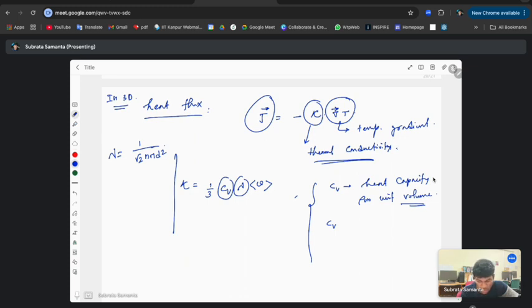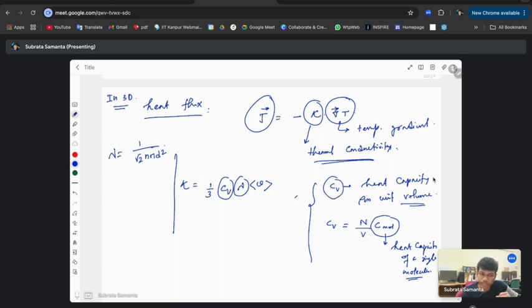Just write down the heat capacity per unit volume. This Cv is basically n by V times C mole, where C mole is the heat capacity of a single molecule. Times n means the heat capacity of a total of n molecules, divided by V, the heat capacity per unit volume.